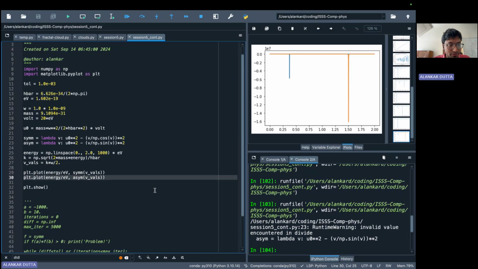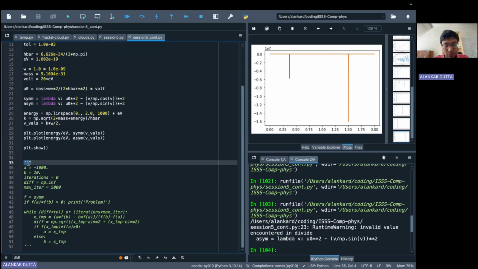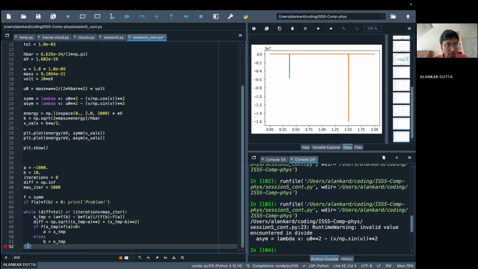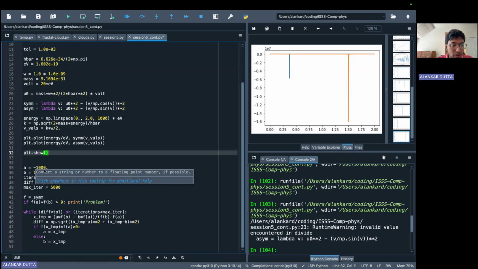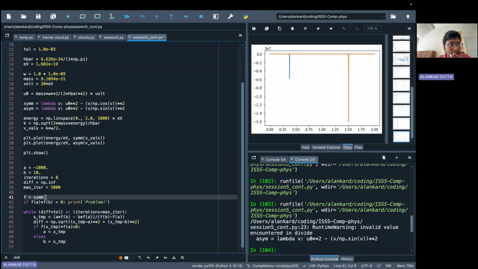So let's then try to figure out and have this function in terms of energy, right? Let's try to define F. So we have to find out lambda, energy.